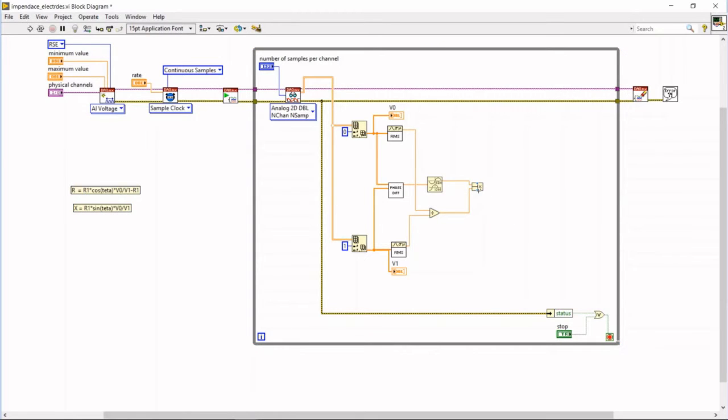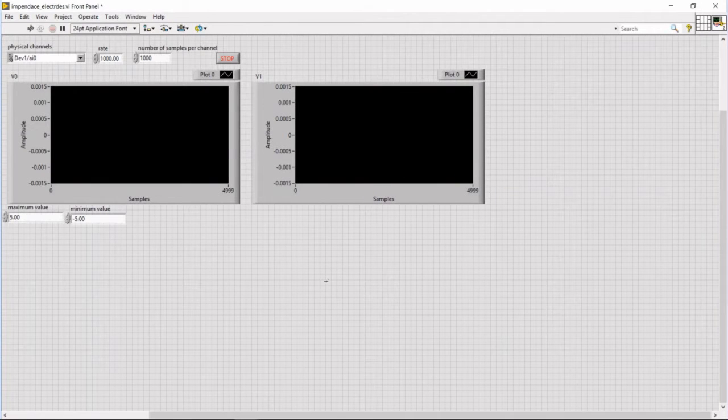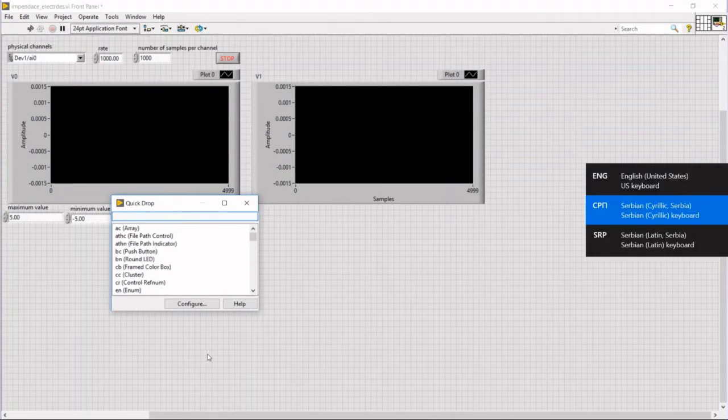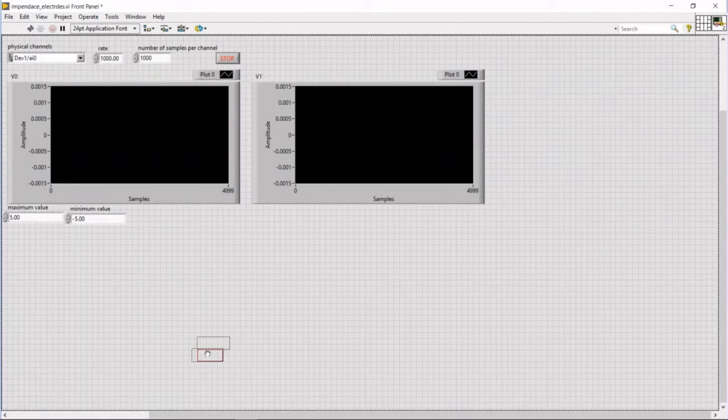We're also going to need R1. We are going to place R1 as numeric control.